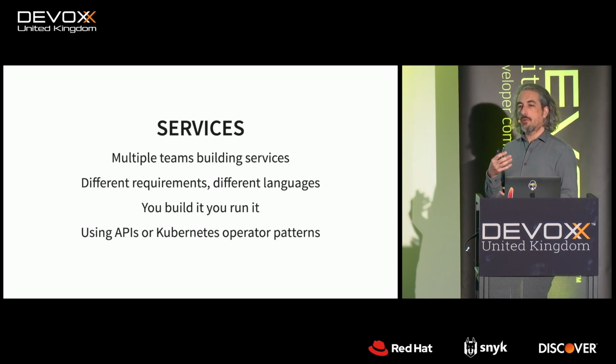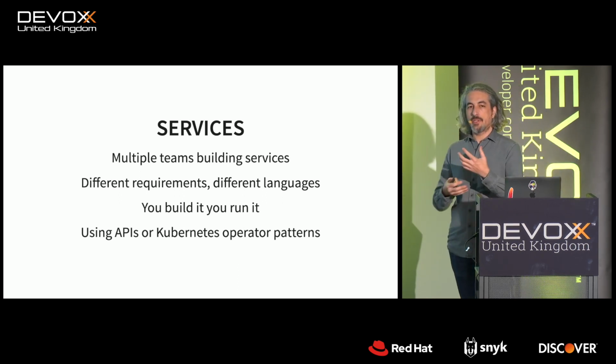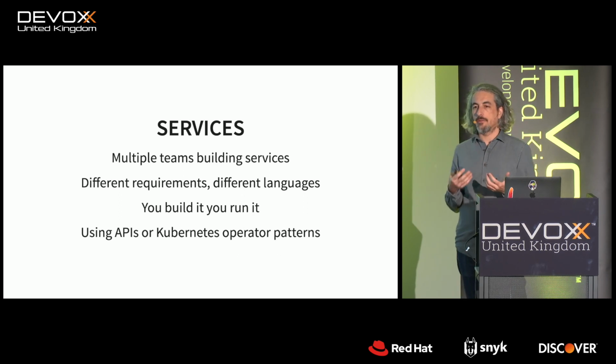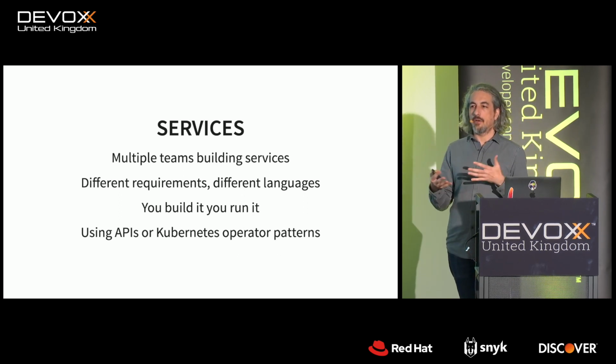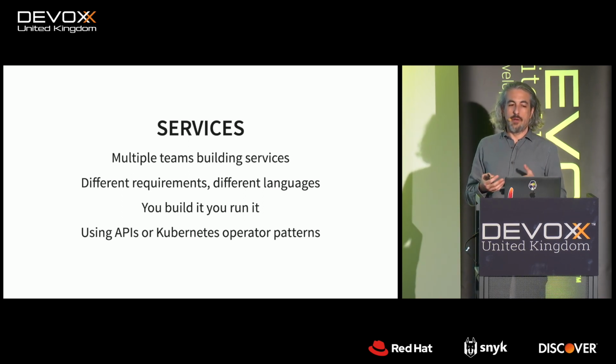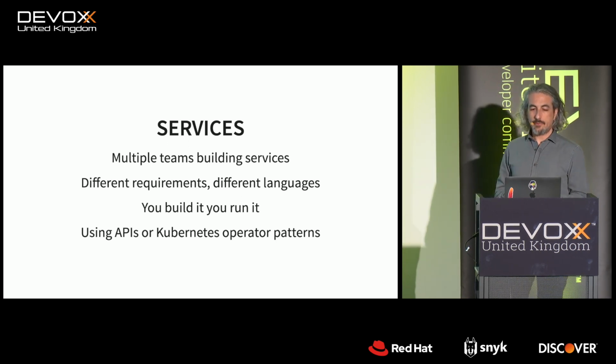You create objects in Kubernetes, then an operator comes and picks up those changes and acts based on that. So it's a bit of an event-based and asynchronous architecture. We also use APIs for REST calls and more synchronous nature.